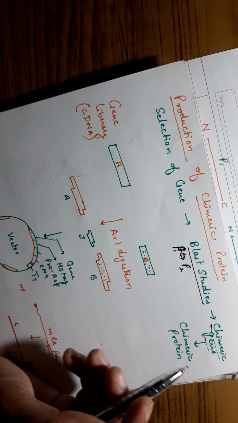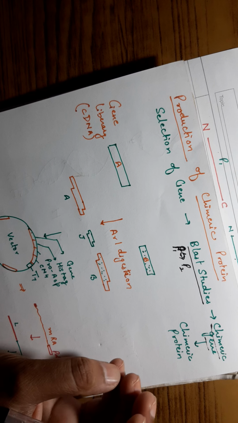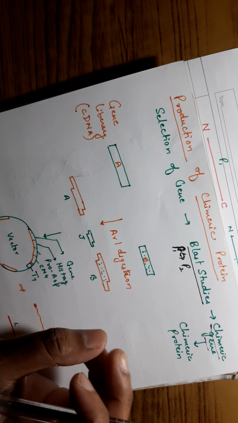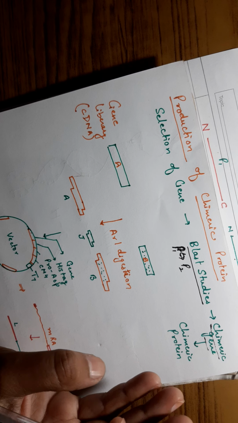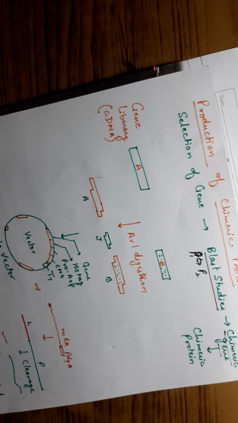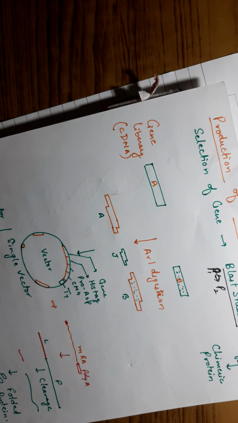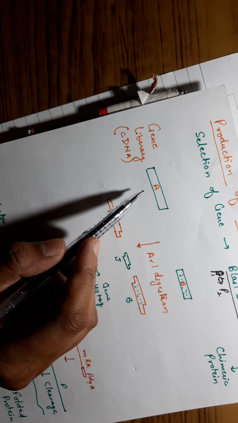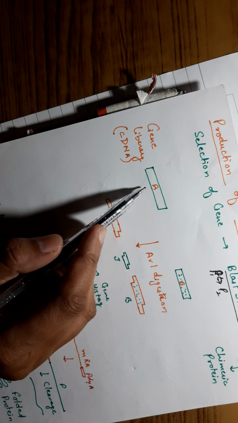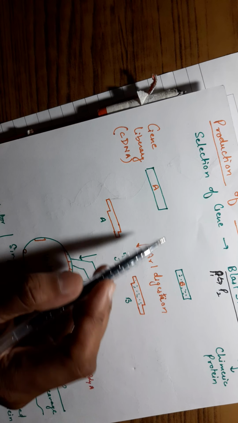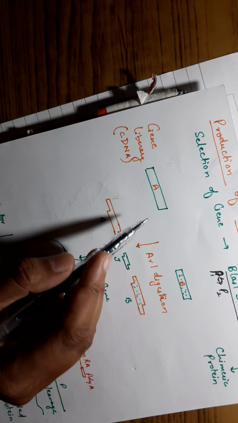I have told you about random gene combination and the other technique, the two techniques I have already taught you. And now, if we have identified the gene, say for example the protein has two domains A and B, for this we have two genes A and B.